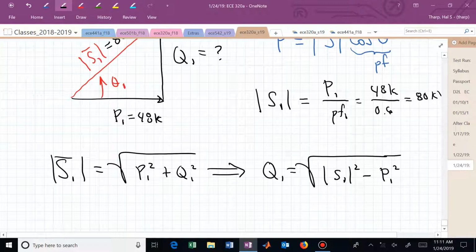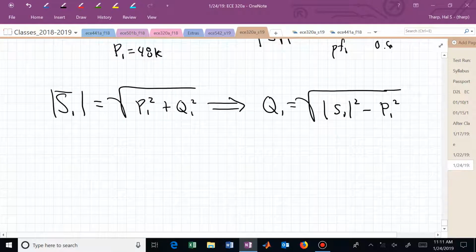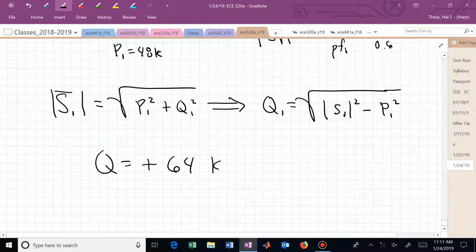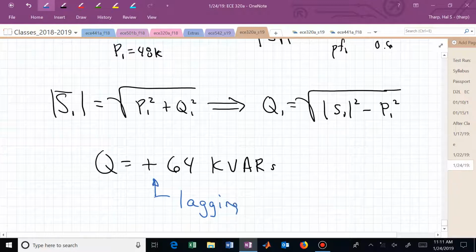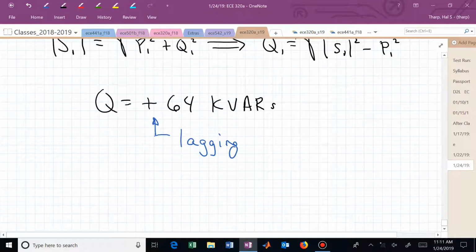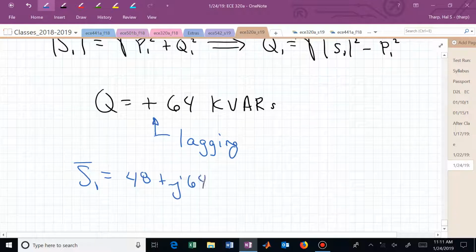A lot of different ways to solve this. So plugging in the numbers, we find that Q, and it's lagging, so we know that it's up or positive, is now 64 kilovars. So S1 complex power is now 48 plus j64 kilovars.